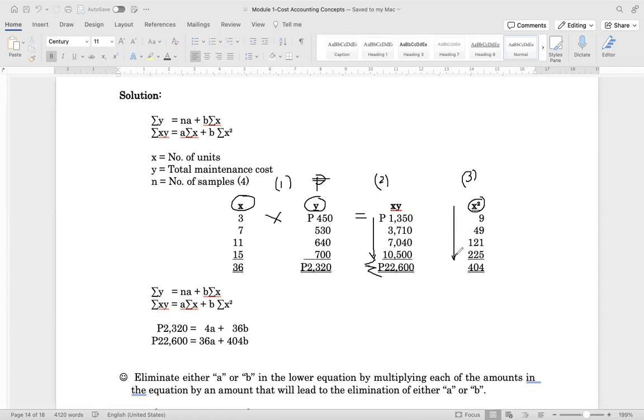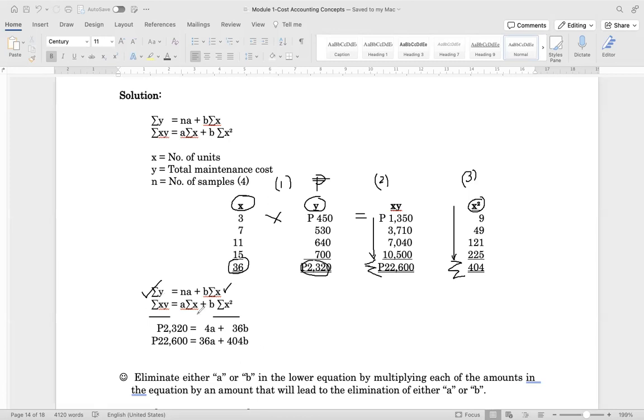And you have here the summation of X squared. So we're done with summation of XY and summation of X squared. Then you sum up X, and sum up Y. Then you apply the formula.